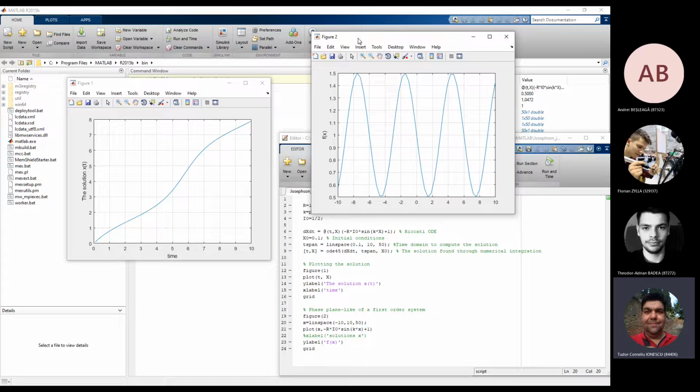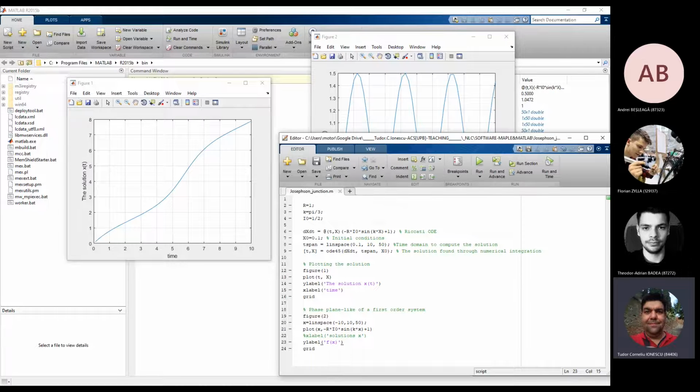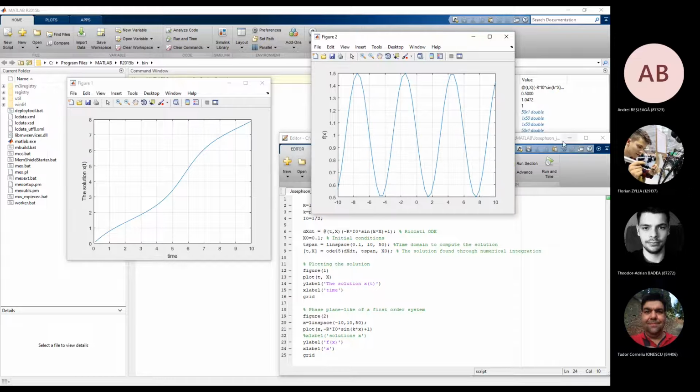Now if we look at the second graph, which is the dynamics F versus X, here I didn't write the X label, let me add it. Let me run this again.